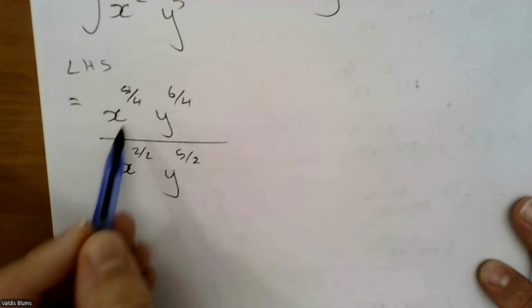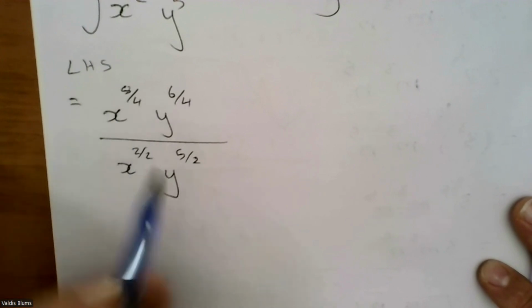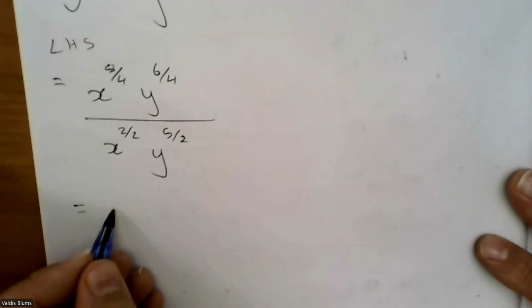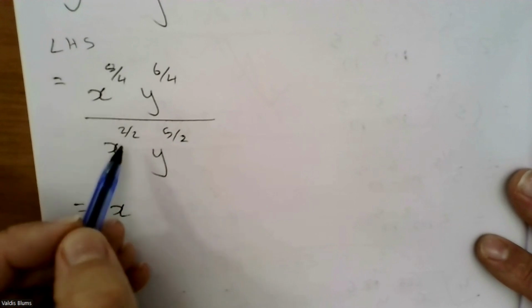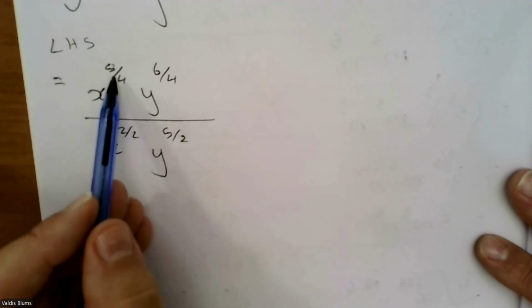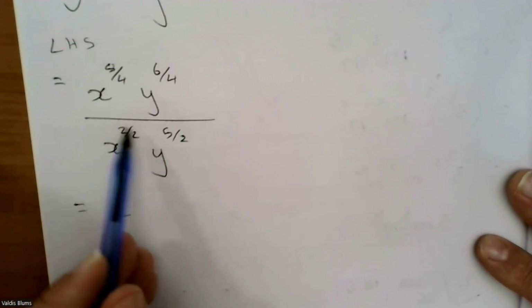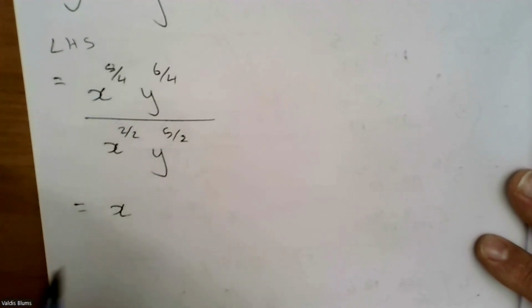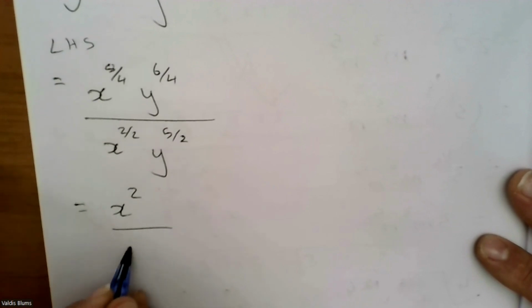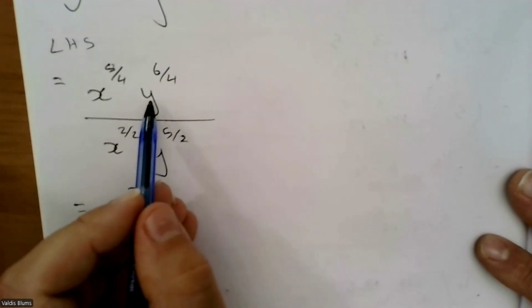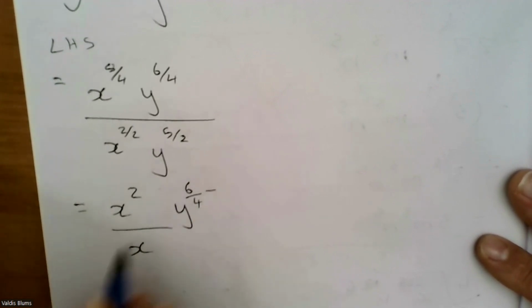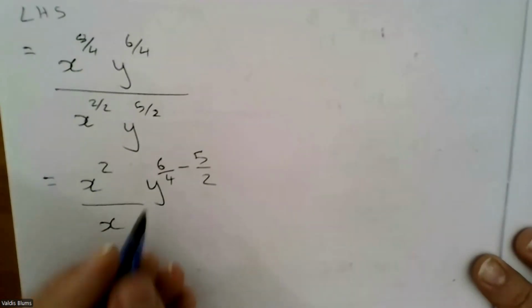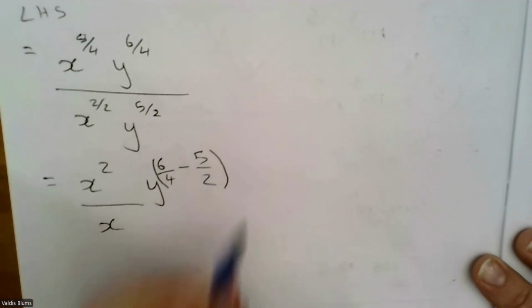Hopefully you can remember that when you're dividing, the powers get subtracted. We probably don't need to do the subtraction straight away because this divides into a whole number. This divides into a whole number. So this 8 divided by 4 is 2. So you're going to have x squared on the top, and you're going to have x on the denominator. And then the y's, you're going to have y 6 over 4 minus 5 over 2. So all of this is the power for that y.